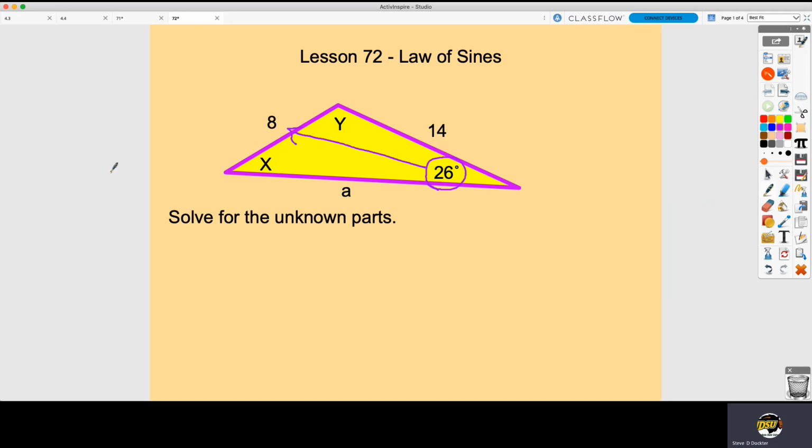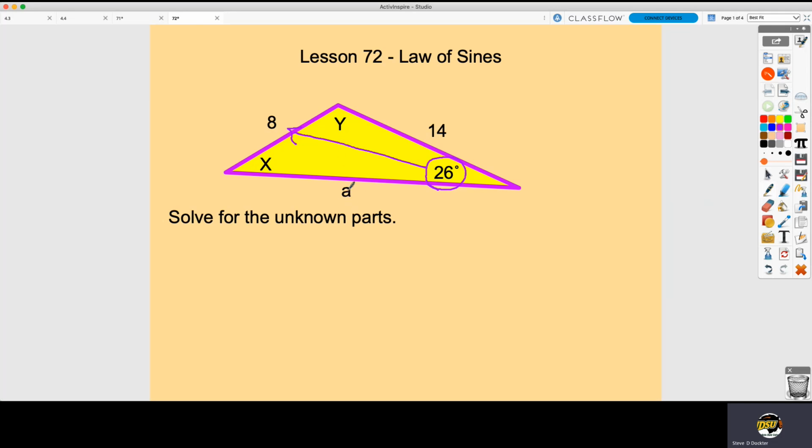All right, if you do not have that, you cannot do law of sines here. But if you do have that, then we can use the law of sines to find our missing pieces here. All right, so as you guys know, this angle and that side work together. Our angle Y and side a work together.